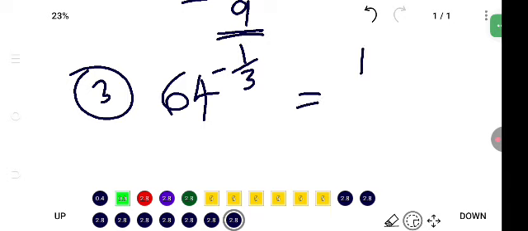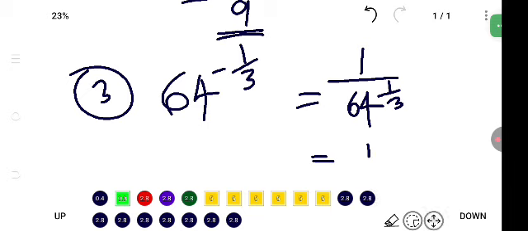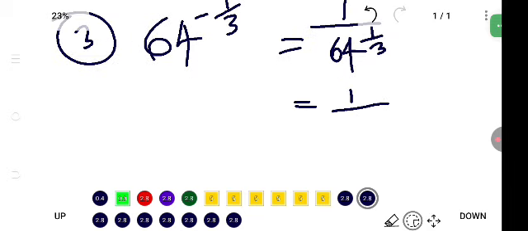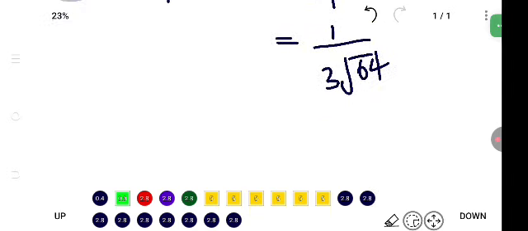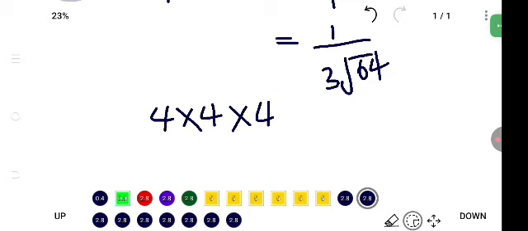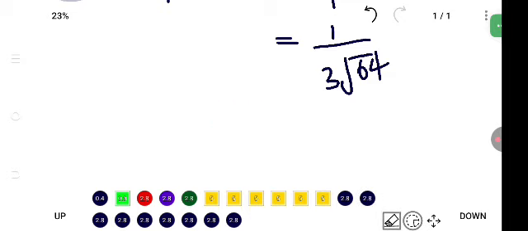So this will give us reciprocal of 64 raised to power 1 over 3. Simplify further, we have 1 over third root of 64. What is third root of 64? 64 is 4 times 4 times 4. So the third root of 64 is 4. So this will give us what?